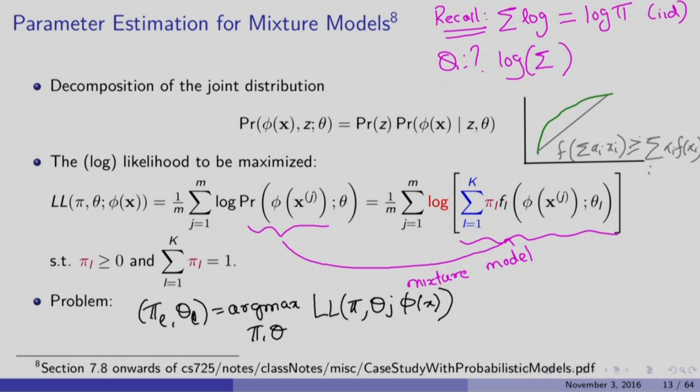Specifically, since log is known to be concave, and not just concave, it is strictly concave, we would have that log of a summation of convex combinations should be greater than or equal to the summation of log. So at best we could apply some inequality like this. In fact, it will be this inequality that will give us the expectation maximization algorithm.